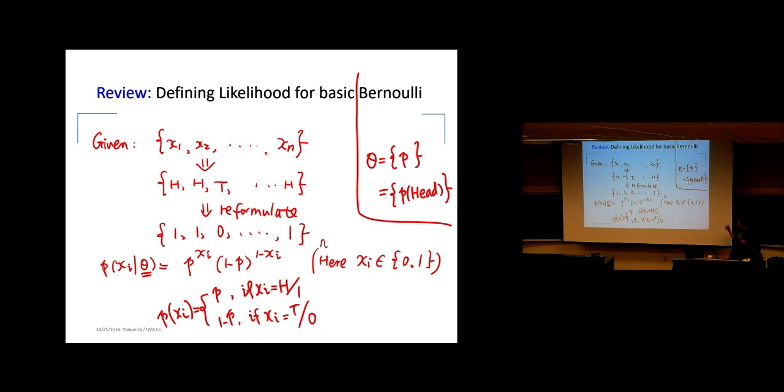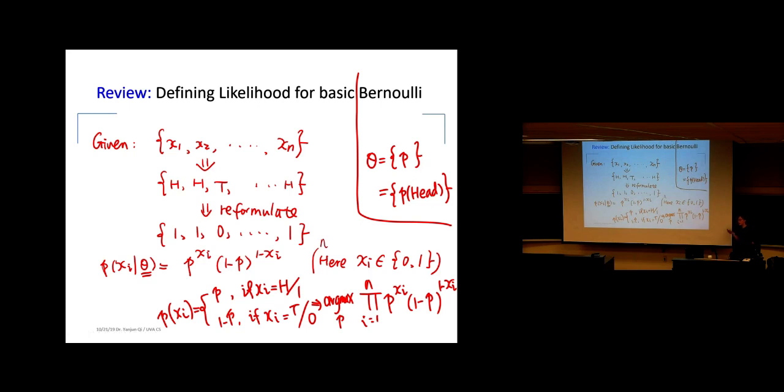So when you have many data, your data likelihood is just the multiplication from i from 1 to n of p^xi (1 minus p)^(1 minus xi), and then you do argmax. You try to maximize this, looking for the best scalar p to maximize this data likelihood.